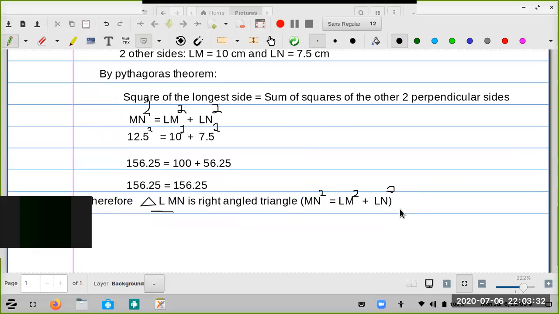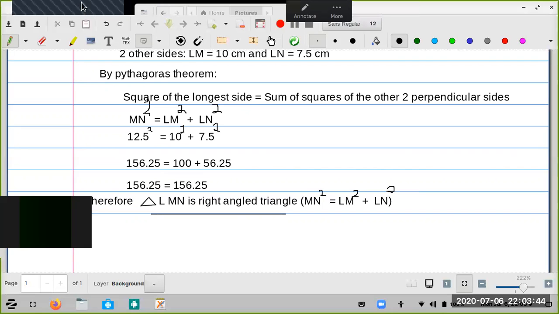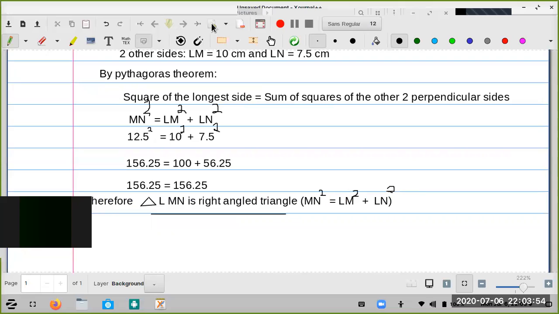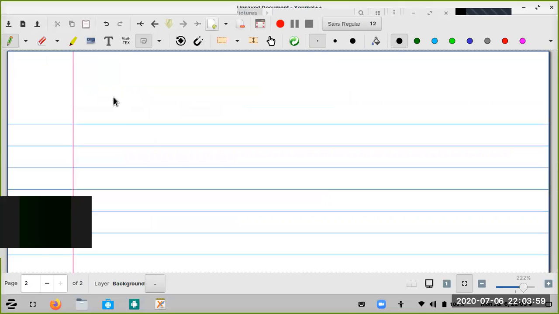Allow me to move on to the second question, 1.1.2.